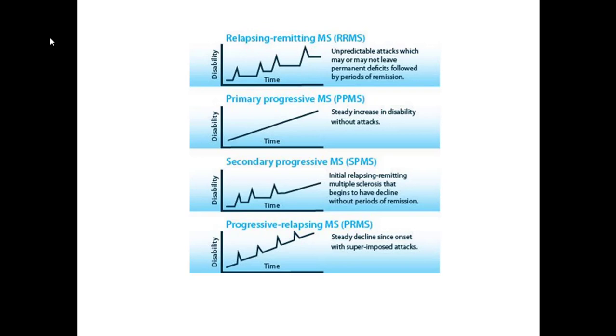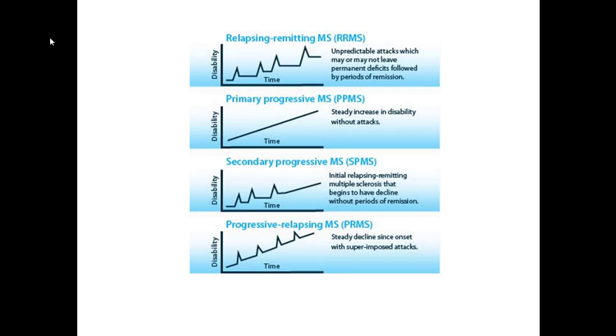There's primary progressive, which is a steady progression of the disease. There's no attacks, but they just steadily progress and the disease becomes worse. Then there's secondary progressive MS, where there's initial relapsing remitting with the attacks, and then they begin to have the decline without the attacks, just a steady decline.